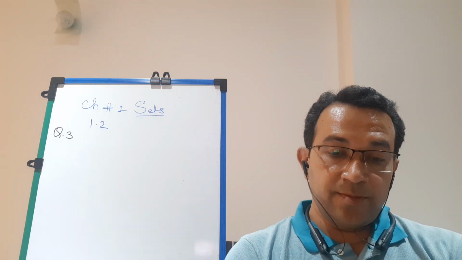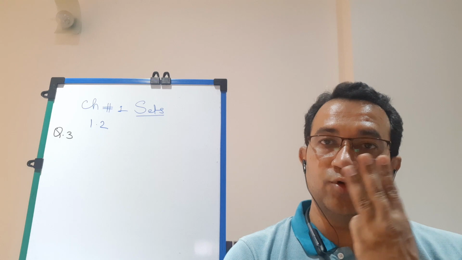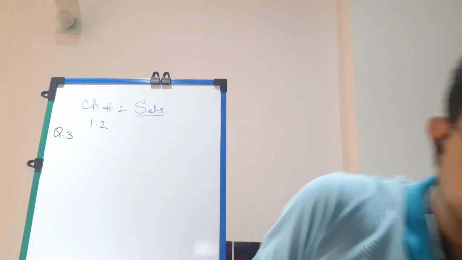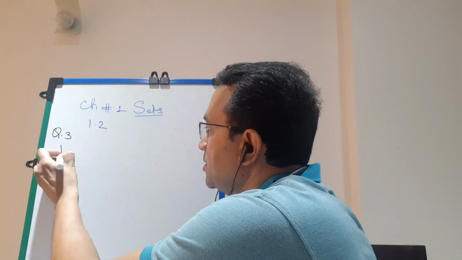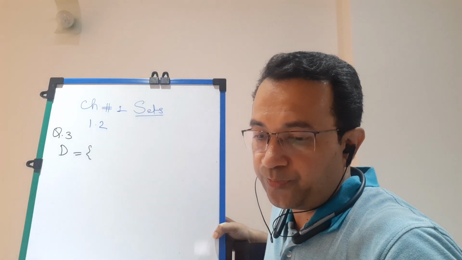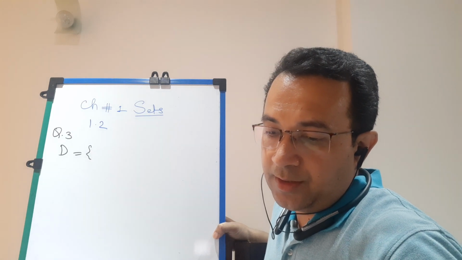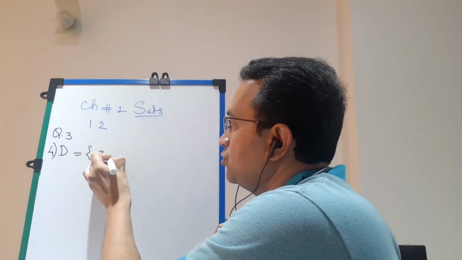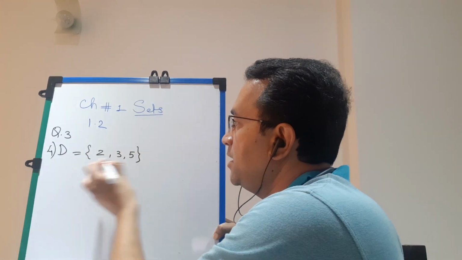So if it is a prime divisor of 60, students, I have only 3 elements: 2, 3 and 5. So our set D, I think this is question number 4, is 2, 3 and 5.